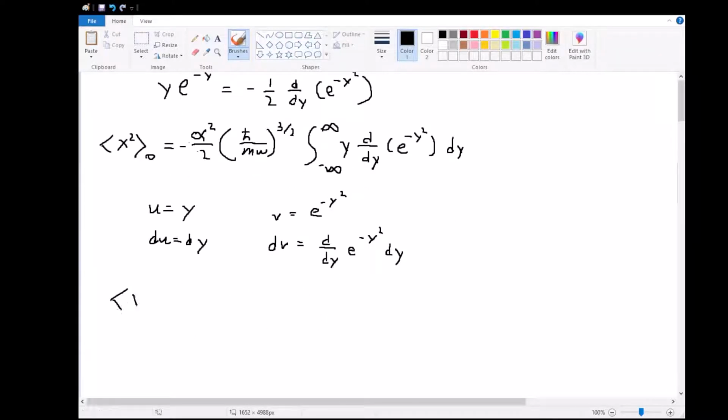What we're left with is x squared, evaluated for the ground state psi naught, being equal to negative alpha squared over 2 times h bar over m omega to the power of 3/2 times the integral, so uv is 0 minus the integral of v du, so minus the integral from negative infinity to positive infinity of v du, which is e to the negative y squared dy.